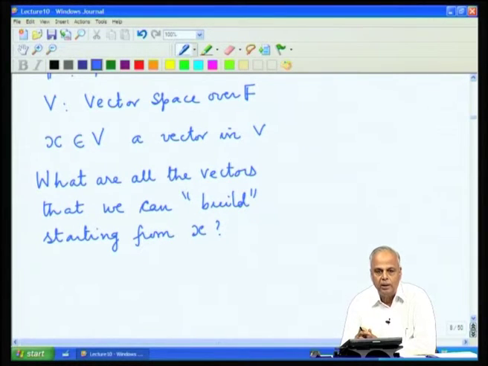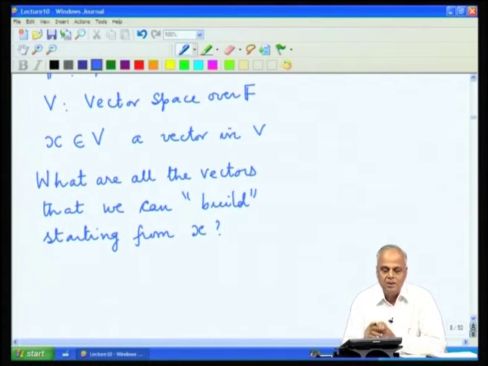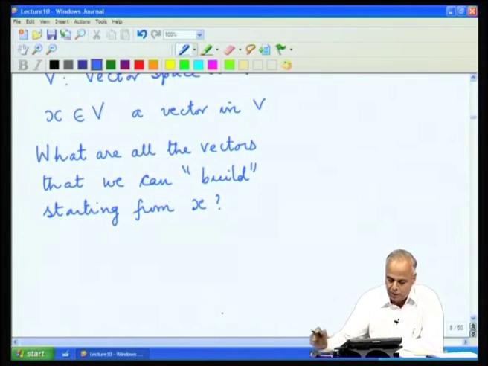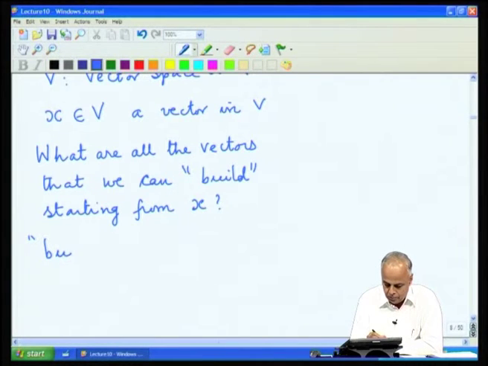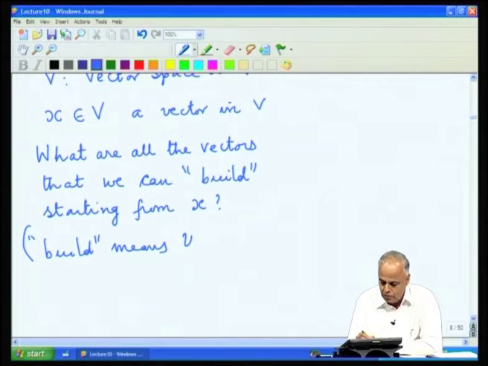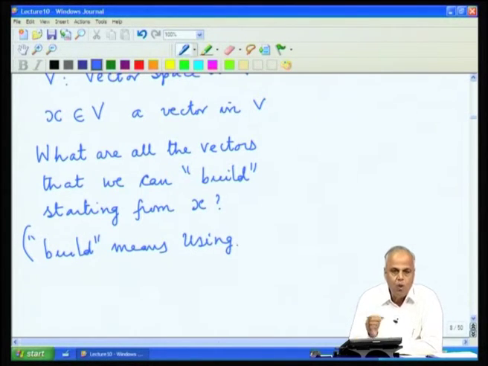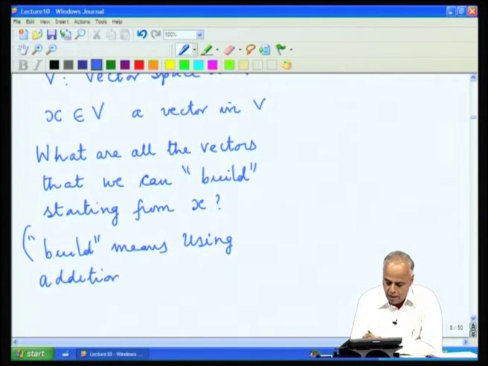What do we mean by build? You have to start from x, do something to it and then produce another vector. That is a vector which we say is built from x. Now, what can I do to x? The only two things that I know to do in a vector space are addition and scalar multiplication. So, build really means using the two operations in the vector space, namely addition and scalar multiplication.